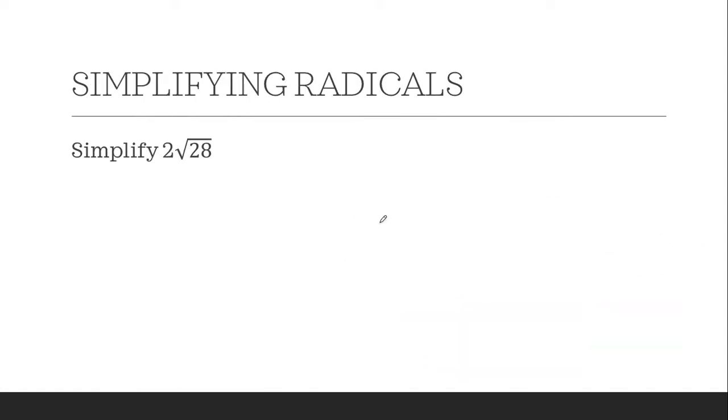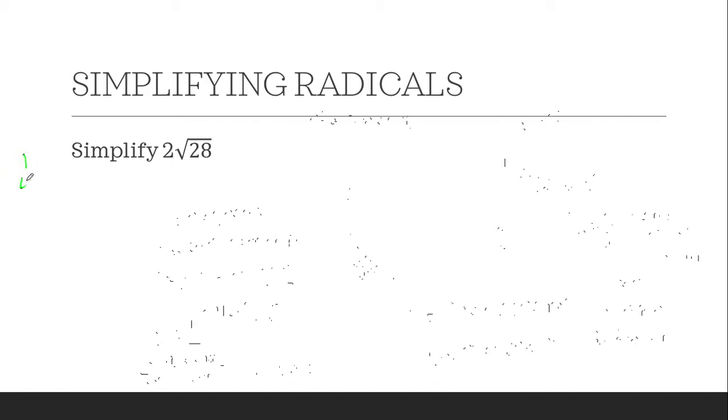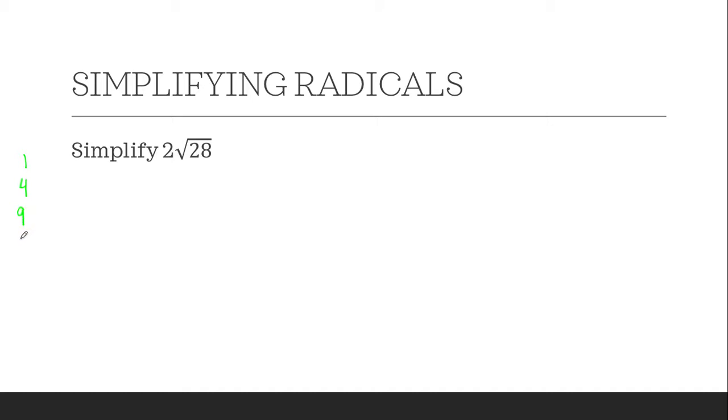Last thing, simplifying radicals. Remember, I'm trying to find what perfect square goes into 28. I can honestly stop here. So the highest perfect square that would go into 28 is 4.